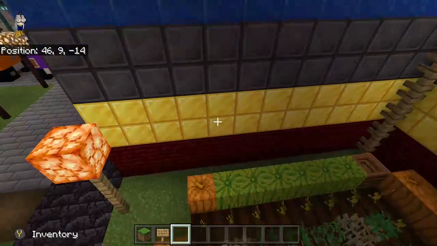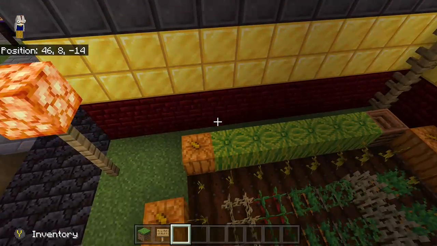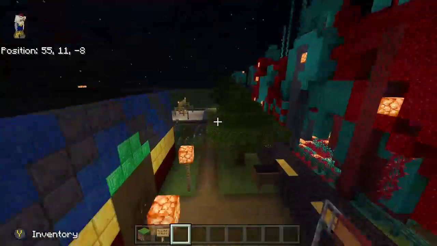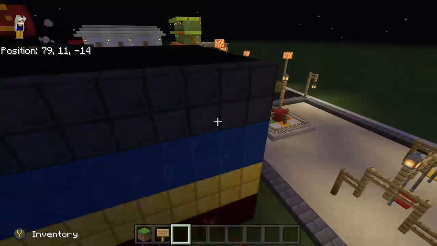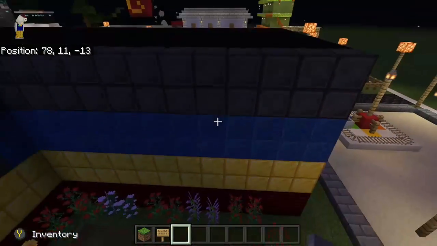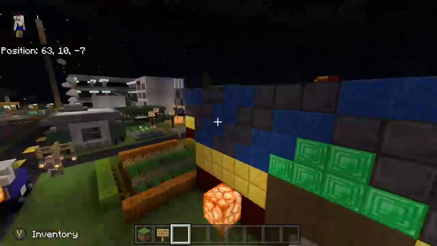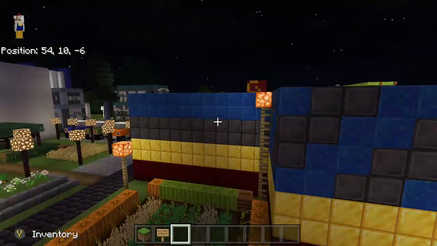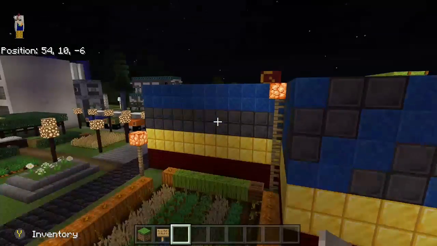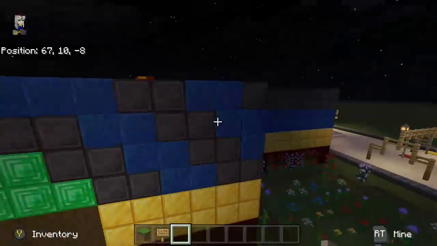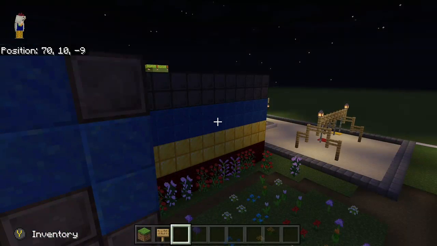Over here, the order is red, then gold, then black, then blue, and over here is red, gold, blue, and black. That's because black thinks it should be over blue, and blue thinks it's supposed to be over black. So respectively, this is the side of the school that has the blues, and this is the side of the school that has the blacks.